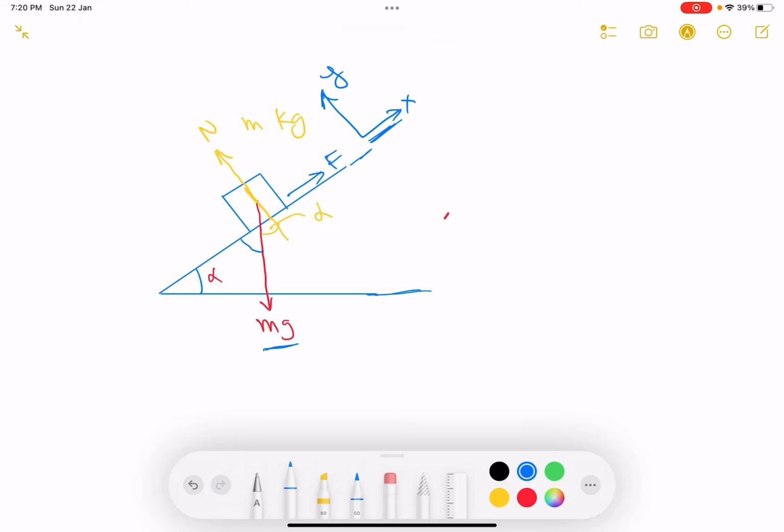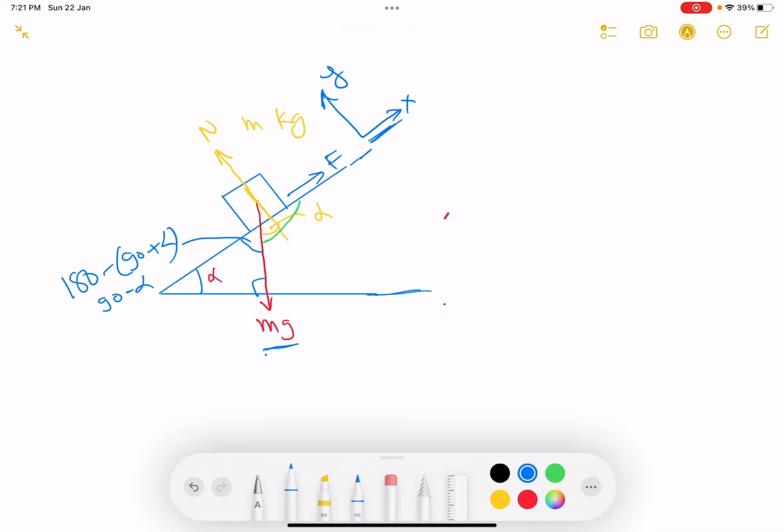It is making this angle, and it is also making another angle, which I will show in green color. So it is making this angle with the x-axis. So how much is this blue angle? This is obviously 90, and this is alpha. So this angle will be 180 minus 90 plus alpha, so this will be 90 minus alpha.